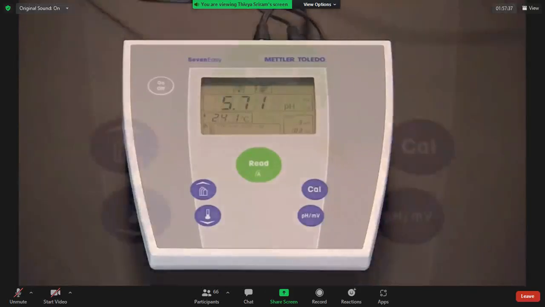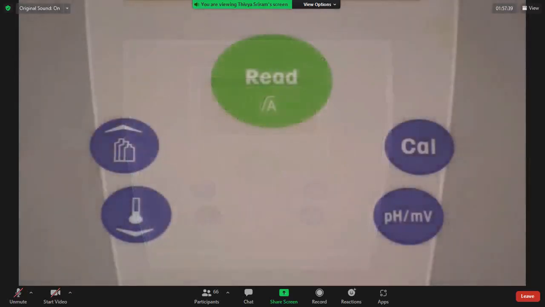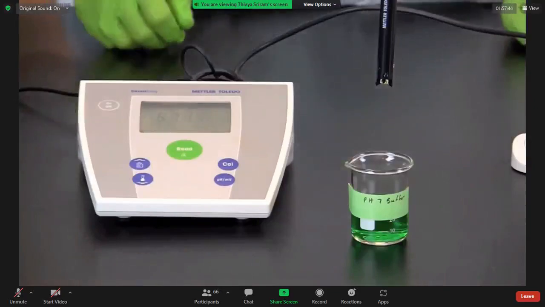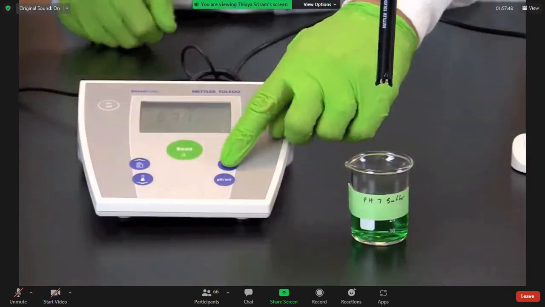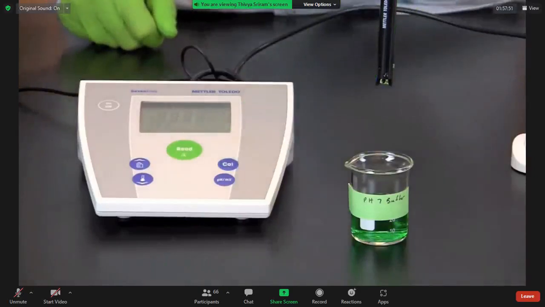Various pH meters will have different procedures for calibration. To calibrate your pH meter, you will need to review the owner's manual for the proper procedure. Begin the process of calibration using the standard with a pH of 7.